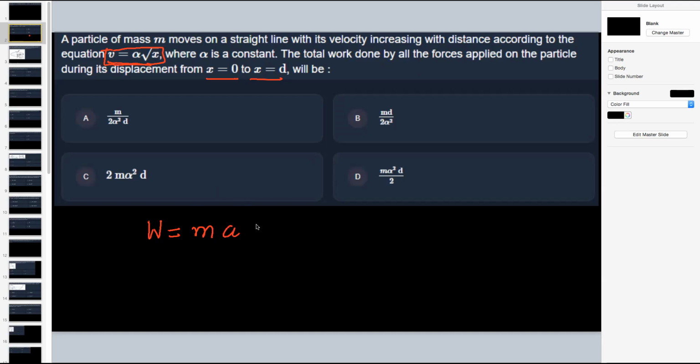M into a, into dx. Can I take like this for work done? Again, what is a? Is there any relation between a and v? Yes, what is the relation? Okay, dv by dt. Again, what is the relation for displacement in terms of v?